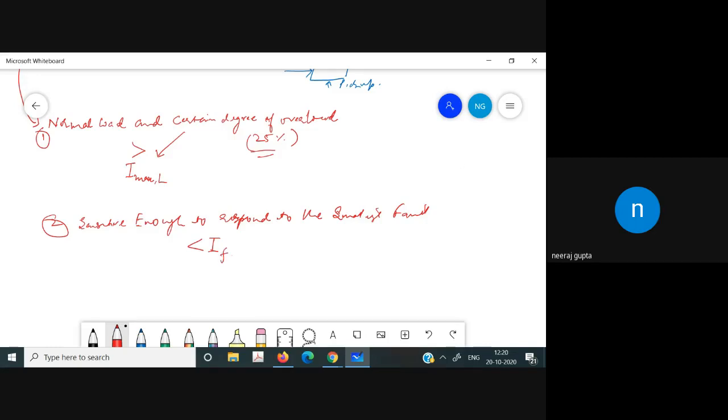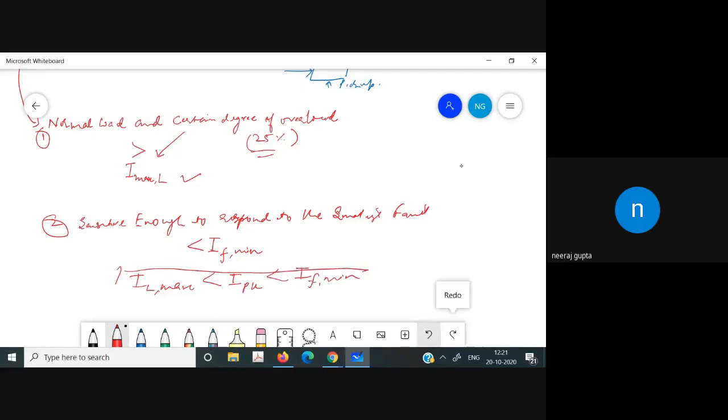Let us suppose that we have this minimum fault current. The setting should be less than the minimum fault current. Finally, we can say that the pickup setting of the relay should lie between IL max, being greater than IL max, and less than IF minimum, that is the minimum fault current.